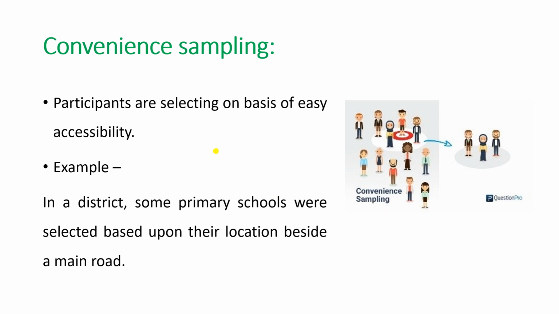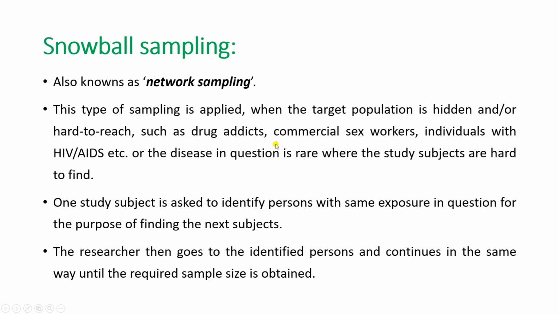People from Kolkata are going to that district, so they select a school which is beside the main road because they are traveling by car. So since this is based on their convenience, this is known as convenience sampling. So this is the researcher marked in a red circle, and people who are in the closest vicinity have been taken as the sample. So this is convenience sampling.